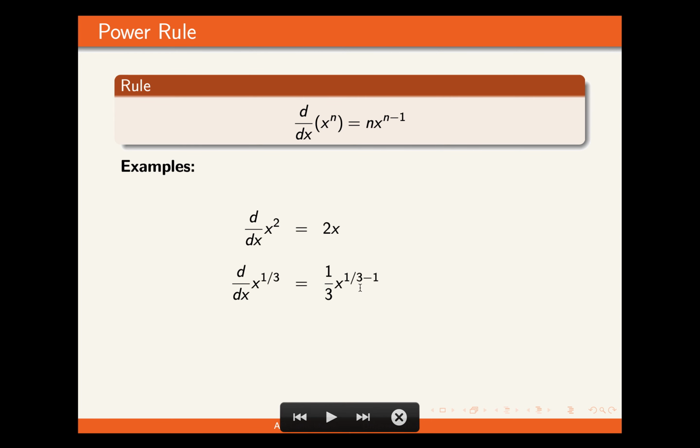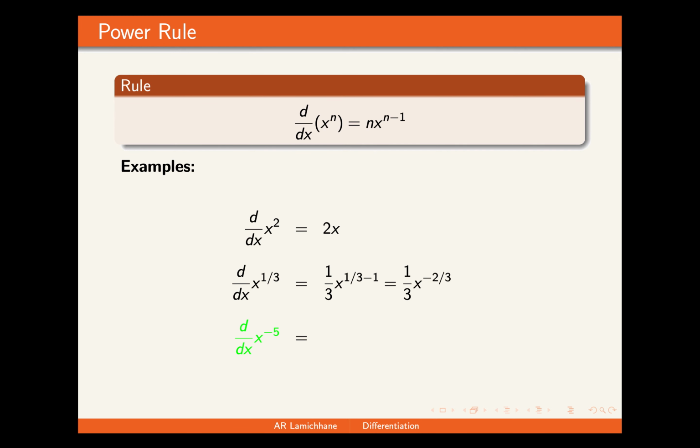In the power we have 1/3 minus 1. When we simplify, 1/3 is the coefficient, x is as it is, and 1/3 minus 1 is negative 2/3. So the derivative of x to the power 1/3 is 1/3 x to the power negative 2/3.